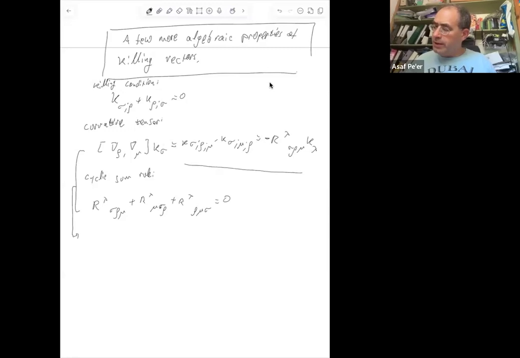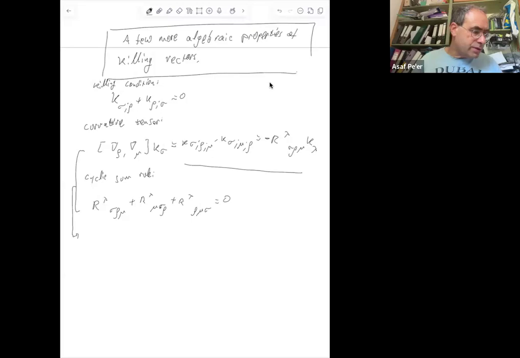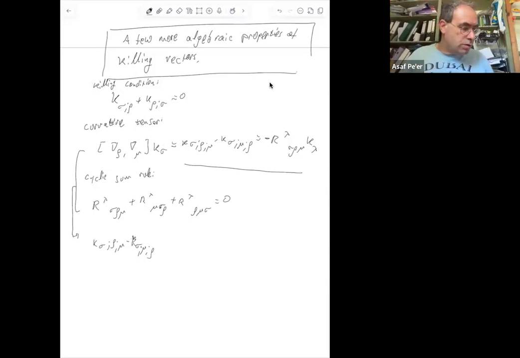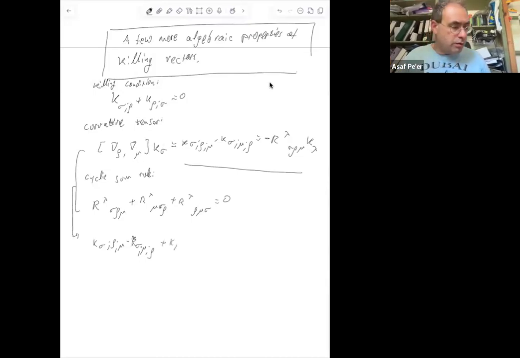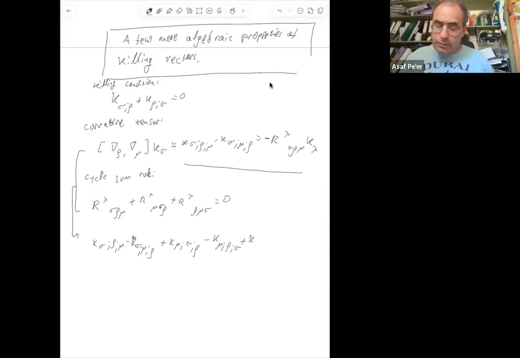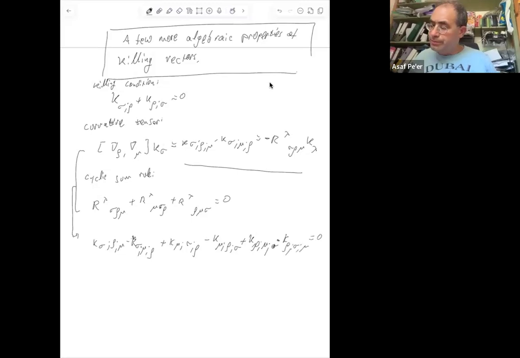So we end up with K sigma rho mu minus K sigma mu rho plus K mu sigma rho minus K mu rho sigma plus K rho mu sigma minus K rho sigma mu is equal to 0.